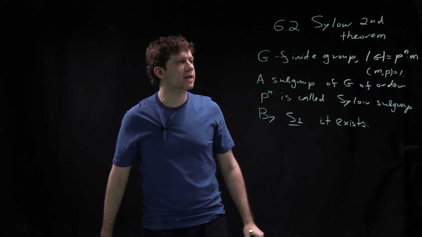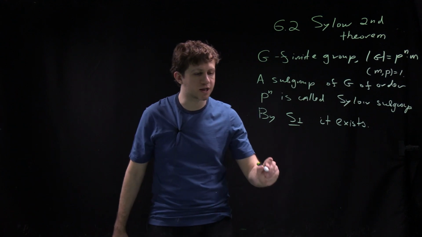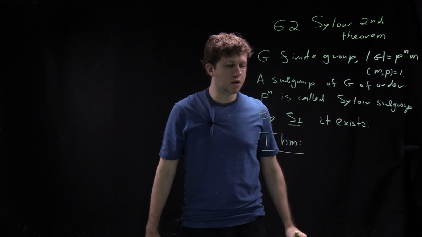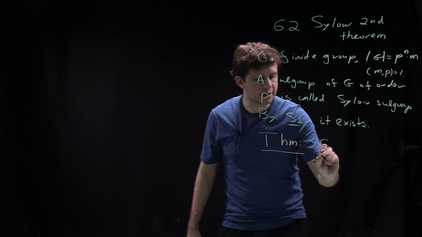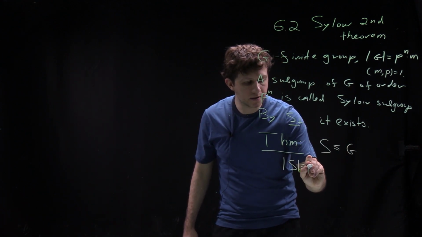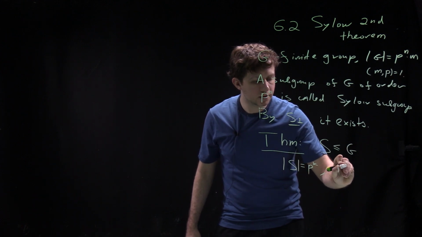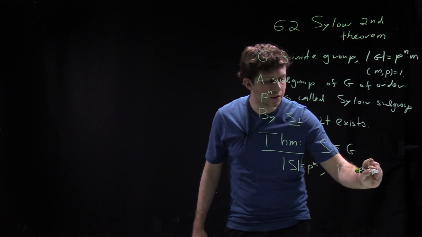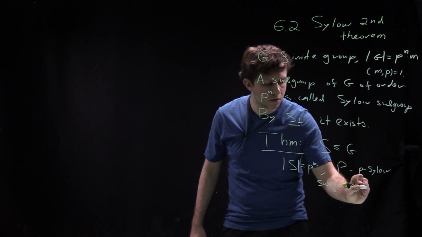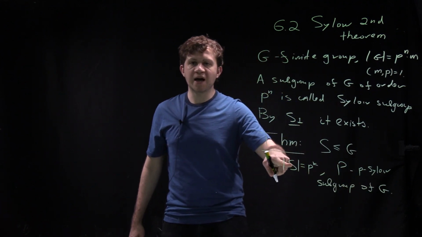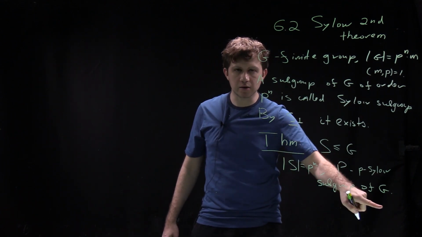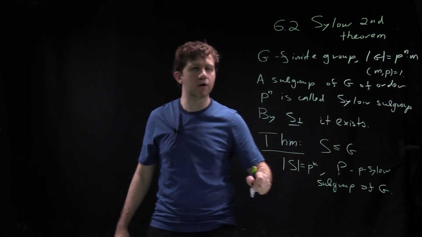Okay, so let me now formulate the second Sylow theorem, and I formulate a slightly more general statement, and we will prove it. So the theorem is as follows. So let's suppose that S is a subgroup of G, the order of S is p to the power k, and P is a p-Sylow subgroup of G. So we have some p-subgroup, some subgroup of order p to the power k, and we have a p-Sylow subgroup, which has this maximal possible power.